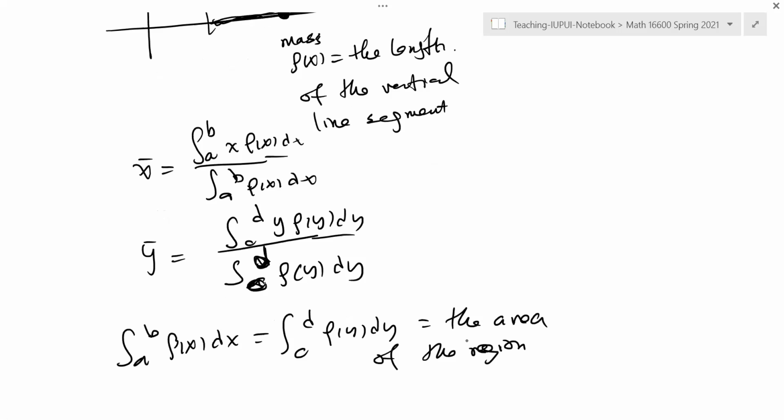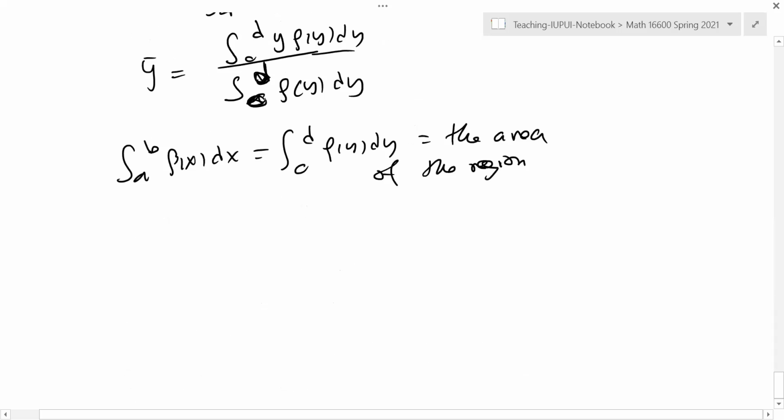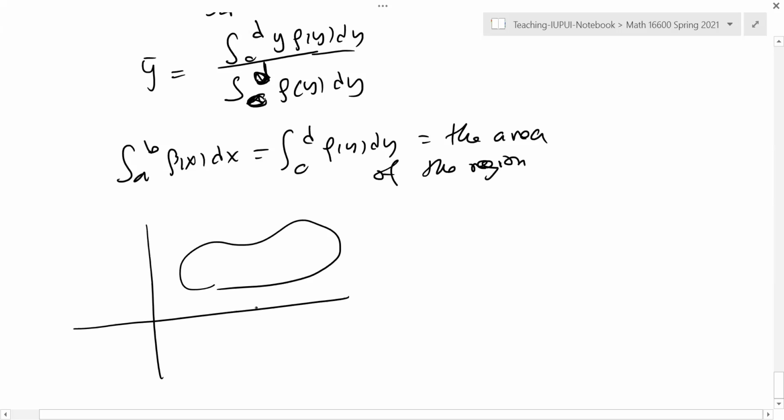But if you don't want to change the variable, and you still want to use the x variable, we derived the formula already. The idea is very simple. You have to find the centroid coordinate, which I call c of x, depending on x.